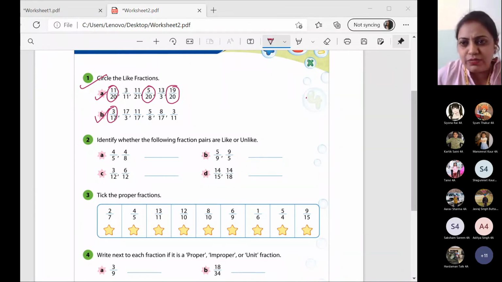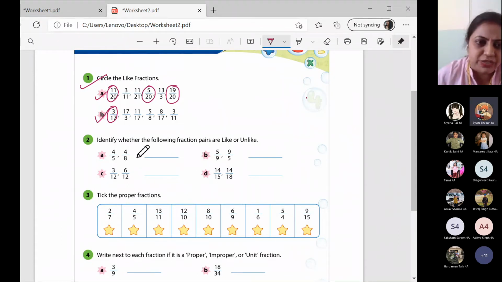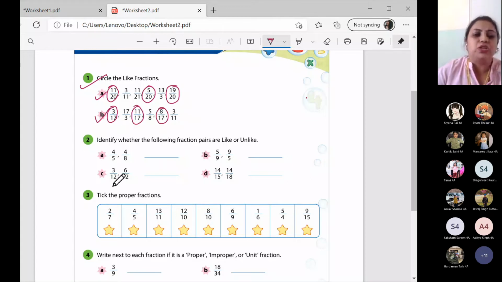Question is not clear. You have to find out like fractions out of these. Sayam, you tell me. 3 by 17, 11 by 17, and 8 by 17. Very good. So I hope the concept of like fractions is clear now.